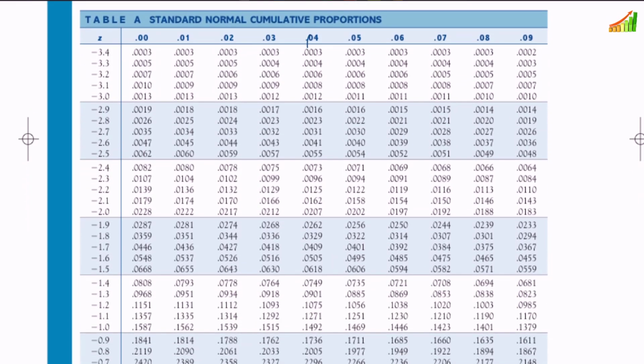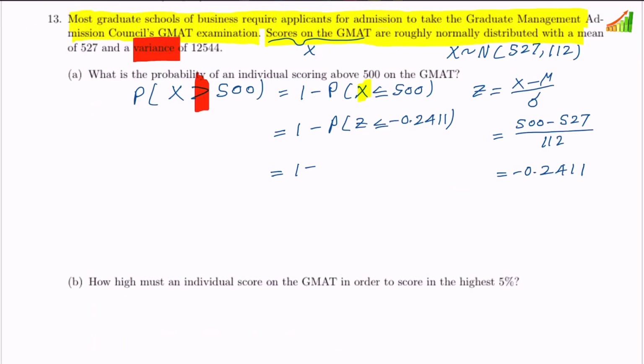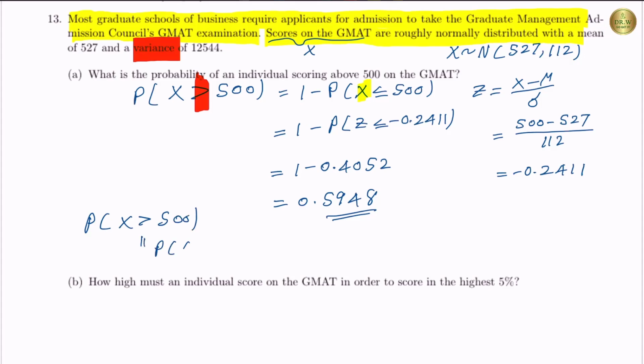In this column, therefore the probability is 0.4052. Then we can get 1 minus 0.4052, which is 0.5948. So that is the probability x greater than 500. Normal distribution is continuous, therefore x greater than 500 has the same probability as x greater than or equal 500.